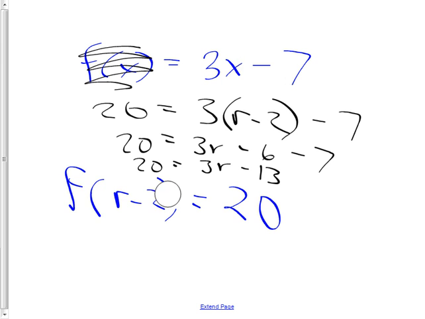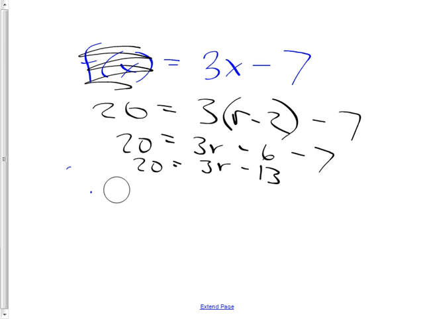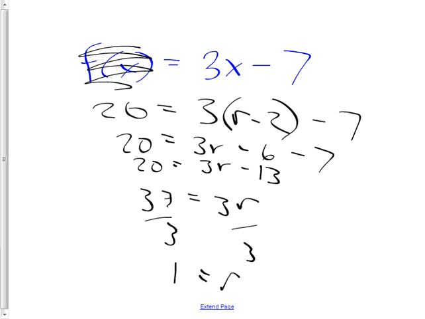Then I'm going to add 13 to both sides. 33 equals 3r. And then divide by 3. R equals 11. Raise your hand if you got the same thing as I did.